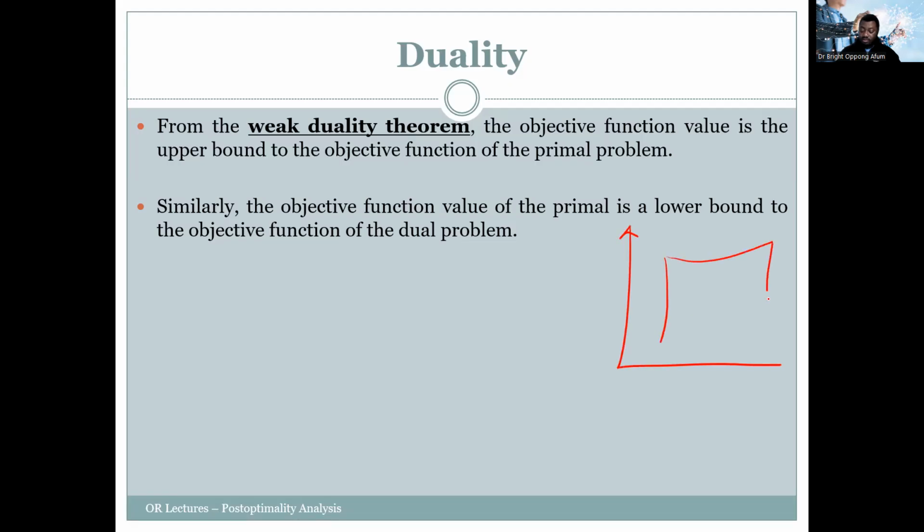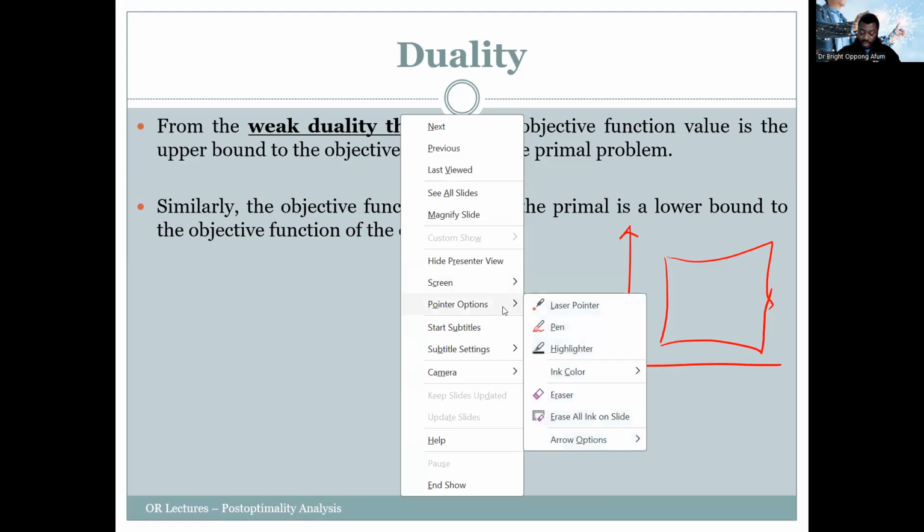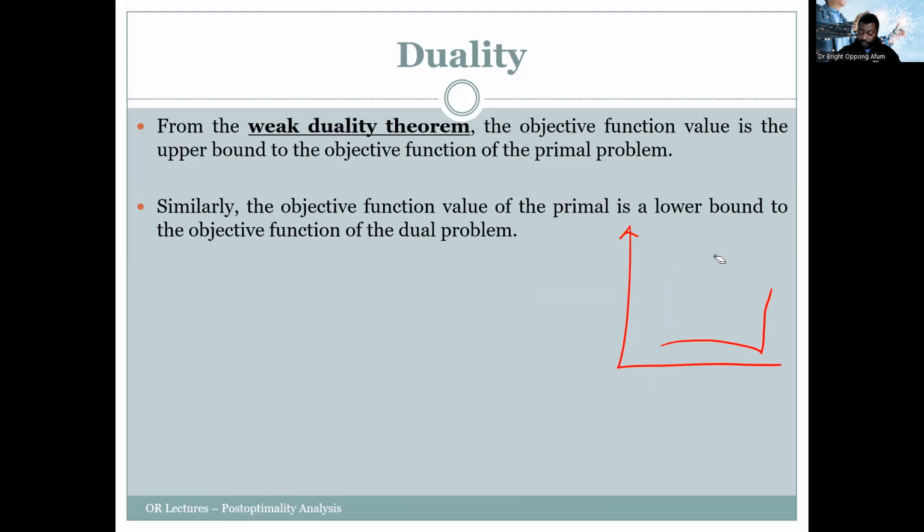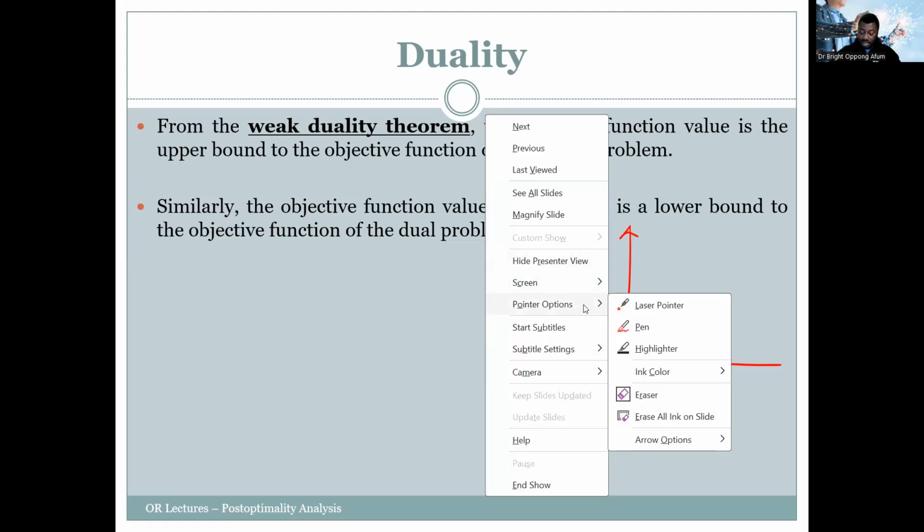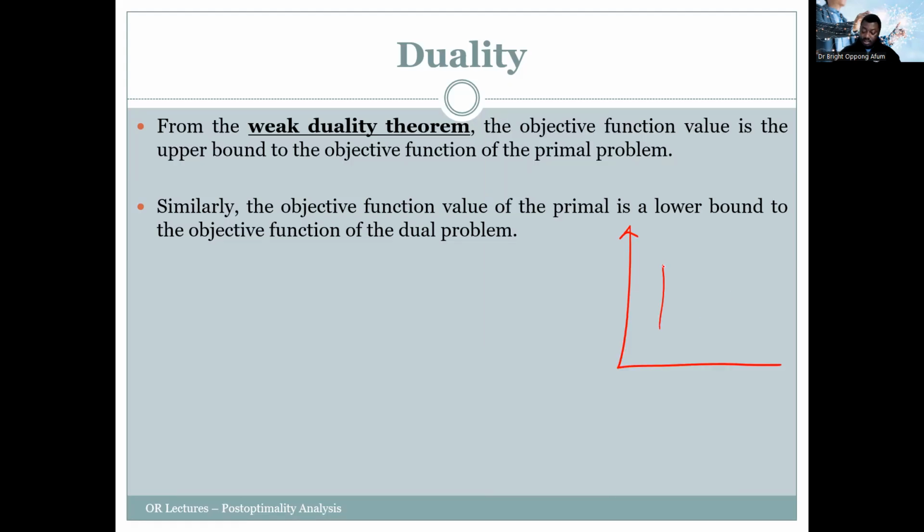So assuming we have this, we are representing this graphically, and we plot that. What we are saying is that for the weak duality theorem, for the objective function of the primal, remember the primal is max, so the value is outside the origin.